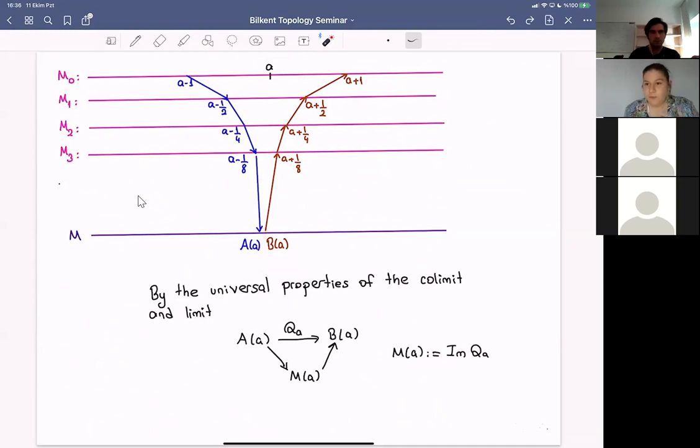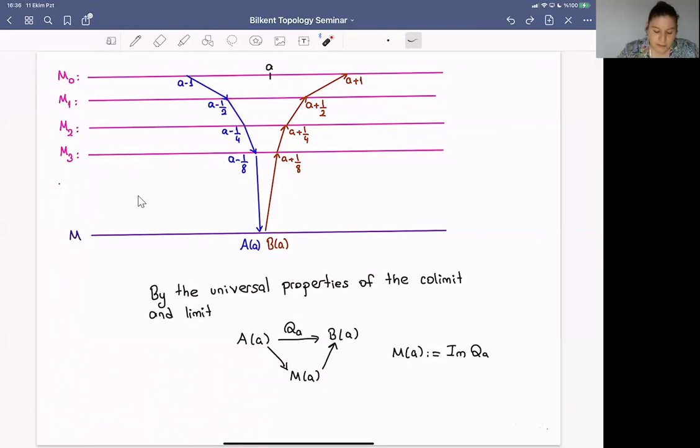Let me start from a minus 1. The first two are 1 over 2 interleaved, so there is a shift map from a minus 1 to a minus 1 over 2. And M sub 1 and M sub 2 are 1 over 4 interleaved, so there is a shifting map. I have a minus 1 over 2, and I map this point to a minus 1 over 4.